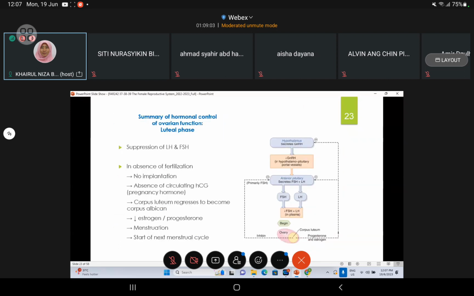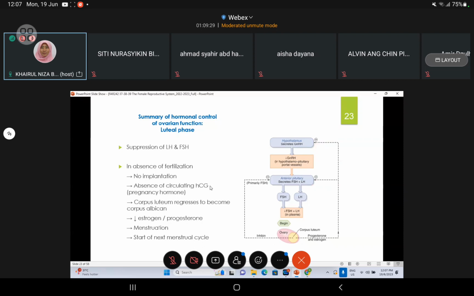So this is a summary of the hormonal control during the luteal phase. We have the suppression of LH and FSH by the estrogen. The anterior pituitary is inhibited from secreting FSH and LH, and the hypothalamus is blocked from secreting GnRH.